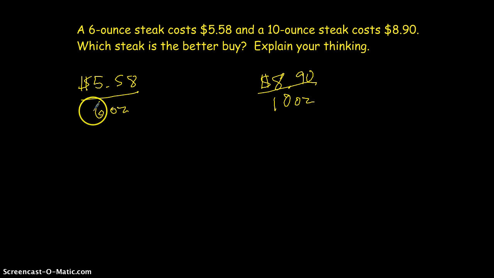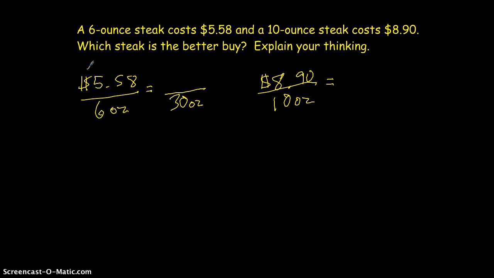Now, when I have 6 ounces and 10 ounces, the least common multiple is going to be 30. So I'm going to make equal here because these are equivalent rates. If I multiply 6 by 5, that will give me 30 ounces. And if I multiply my denominator by 5, I must multiply my numerator by 5.